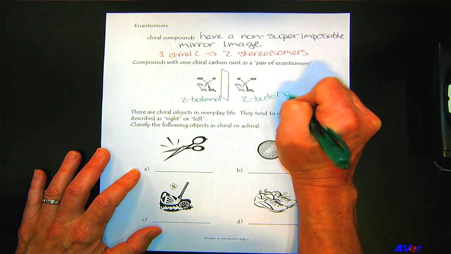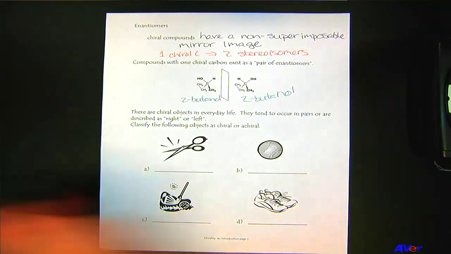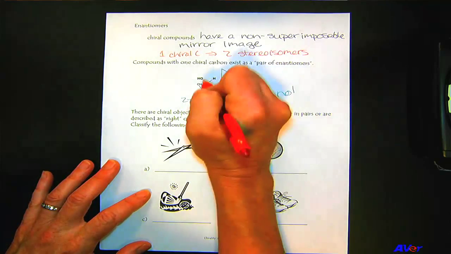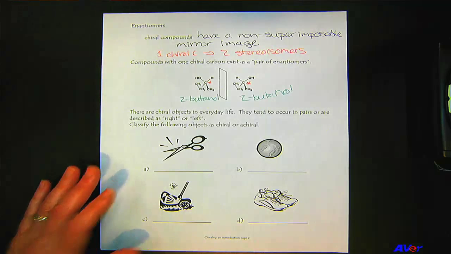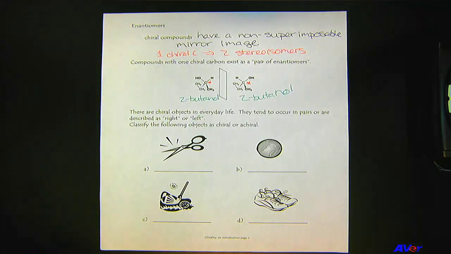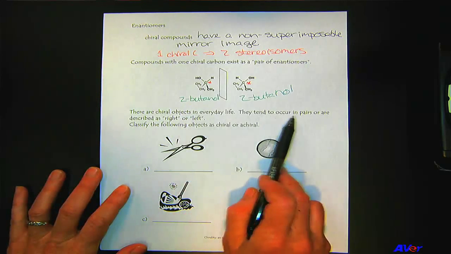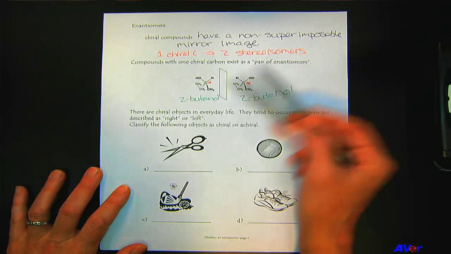This is where your model kits are going to come in really handy. This is an activity where you're going to want to make some models and convince yourself. Chirality may seem like a really strange idea, non-superimposable mirror images, but they're part of our everyday life. Chiral objects tend to come in pairs, just like we've seen here.